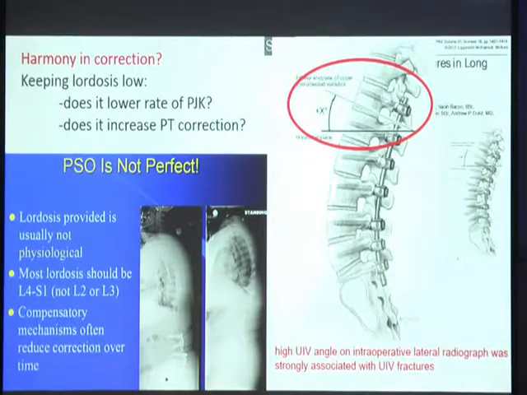We don't know yet if that might decrease our PJK rate and whether it gives us better compensatory mechanisms. And we have to remember PSOs are not perfect. The lordosis is not usually physiologic, and most of the lordosis should be in the lower lumbar spine. As demonstrated here, there is a high UIV angle, and a great paper by Dr. Lewis that was just presented showed that this could increase our fracture rate above.